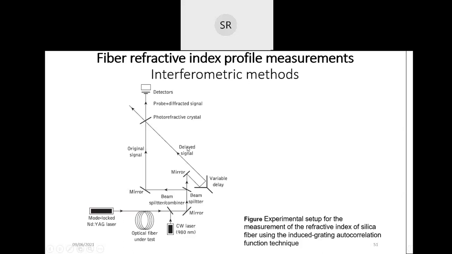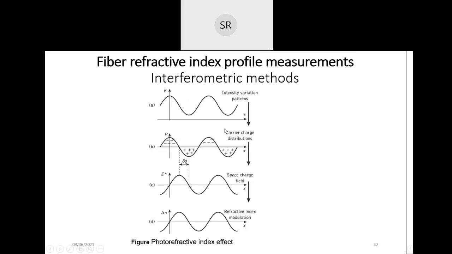There is a variation because of the photoelectric effect when the two lights are superimposed on the photorefractive crystal, and it creates an interference pattern, and that interference pattern has a variation in intensity, the high and low variation in intensity. You can see this is the intensity variation, a high and low intensity variation.